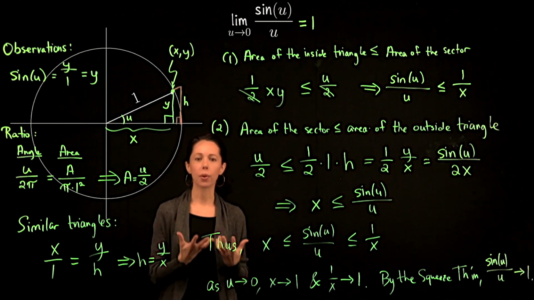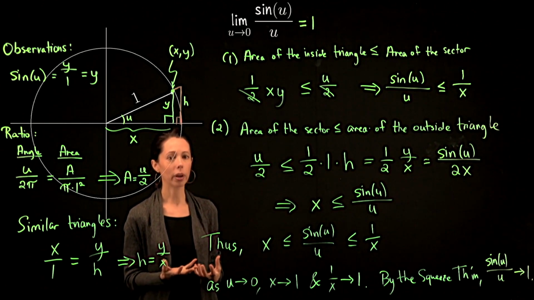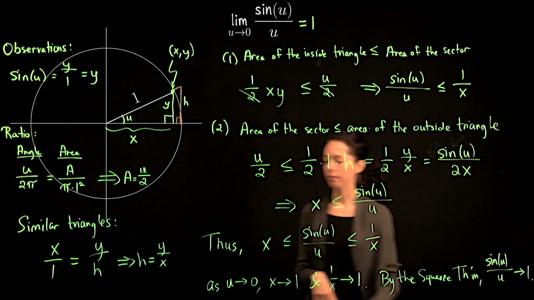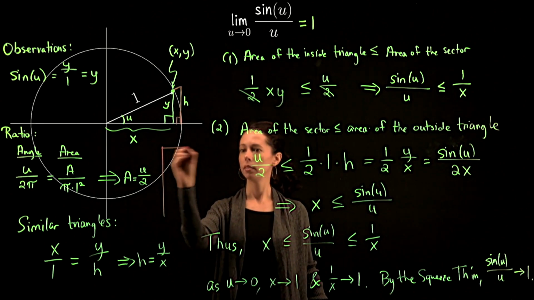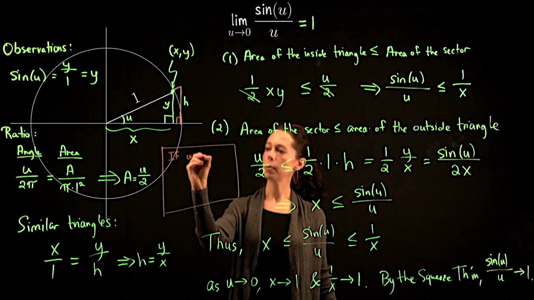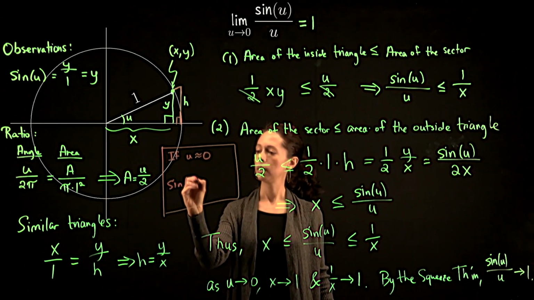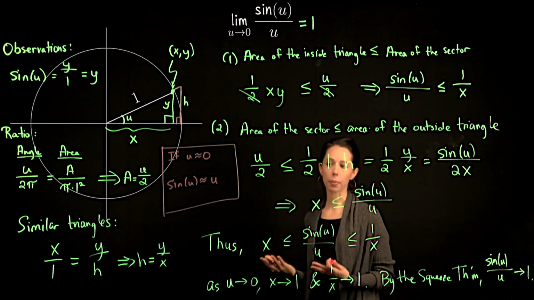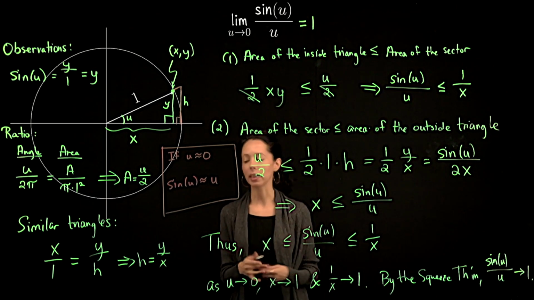If for some reason in life you ever need to estimate that on the spot, sine of 0.01 is going to be approximately 0.01. Because if sine u over u goes to 1, that means that for very small angles, if u is approximately 0, then sine of u is approximately u, because the ratio of sine u over u is approximately 1. So again, sine of negative 0.7 is approximately negative 0.7.